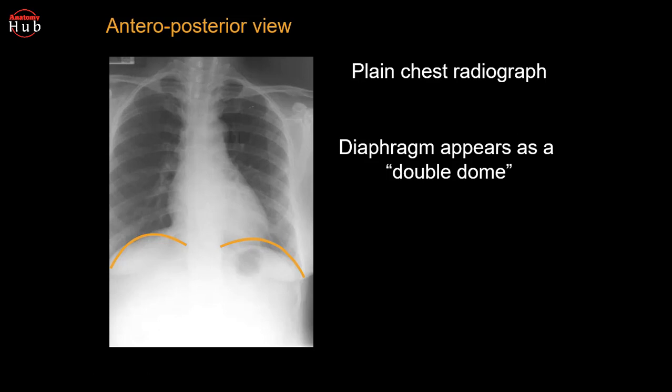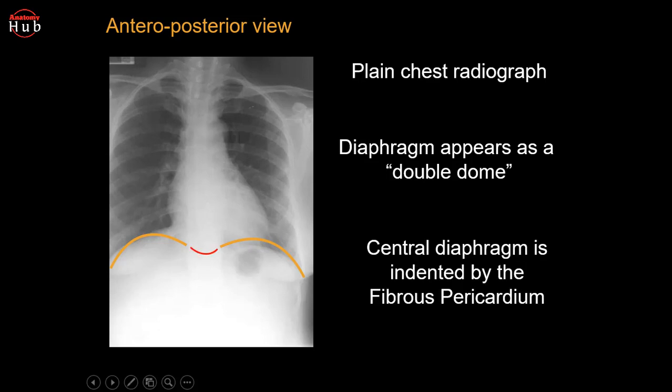The right dome is higher than the left dome, due to the presence of the liver that ascends higher, and at this red mark you can see the central diaphragm that is indented by the fibrous pericardium.